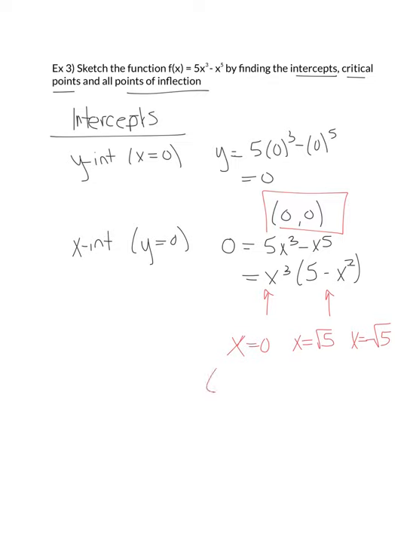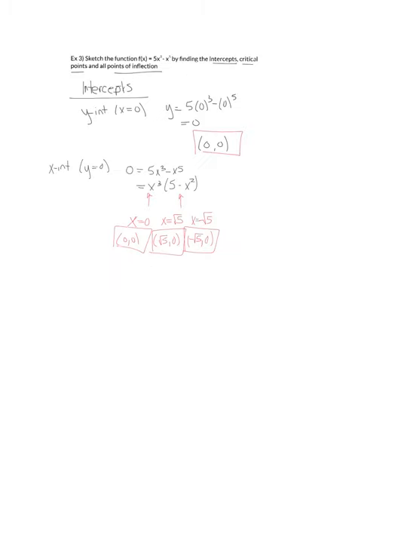So this means that I have the points 0, 0, root 5, 0, and negative root 5, 0. Now, one thing I did want to mention, since we are going to be plotting these on our sketch eventually, you can go ahead and change these to decimals right now. So we have one at 2.2 and one at negative 2.2.